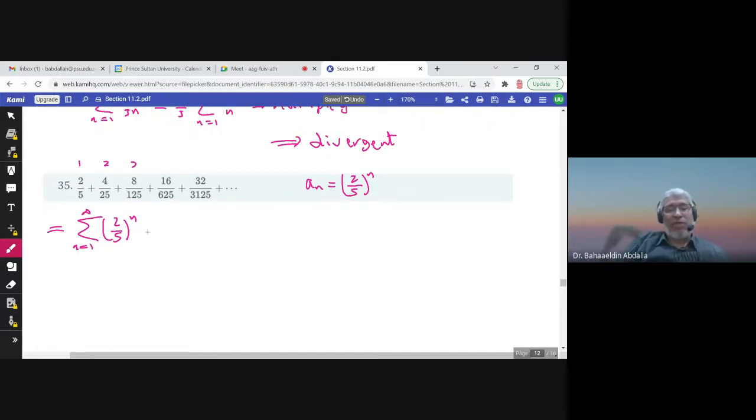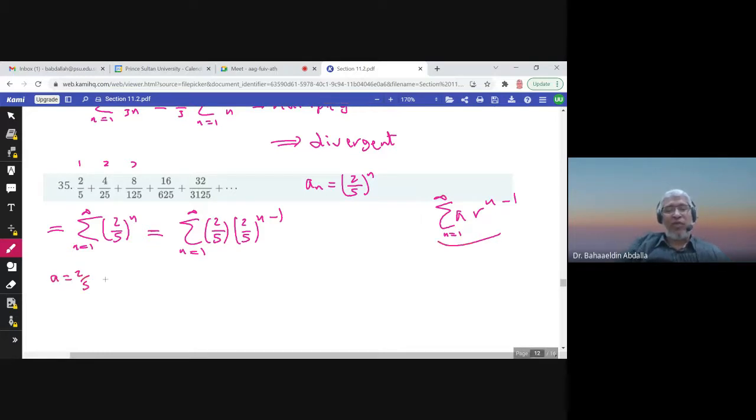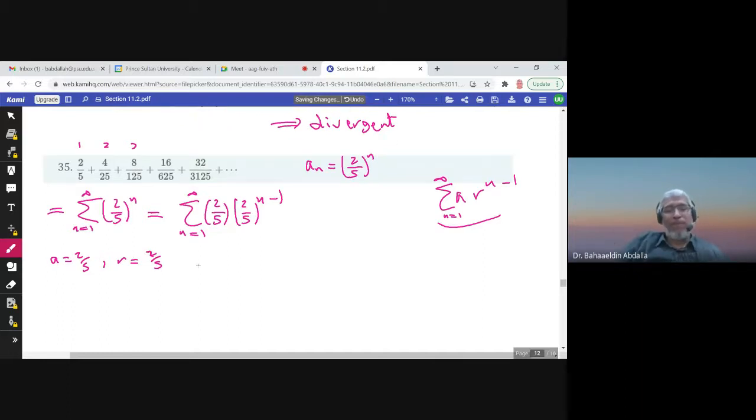Now, it seems that it is a geometric series, but since I'm starting from 1 to infinity, let me write it as 2 over 5 times 2 over 5 to the power n minus 1 to compare it with a times r to the power n minus 1, the form of the geometric series. So a is 2 over 5 and r, the common ratio, is also 2 over 5, so less than 1.